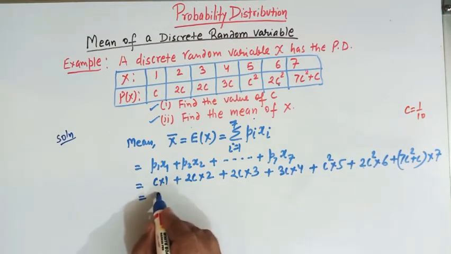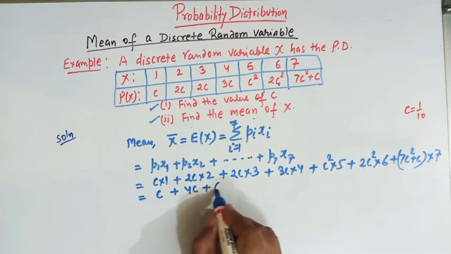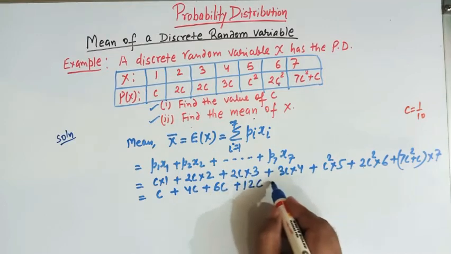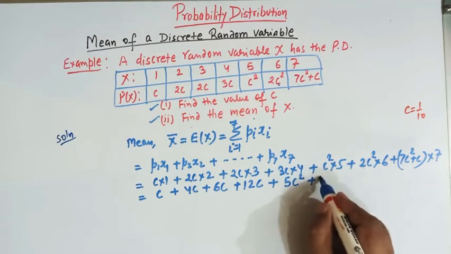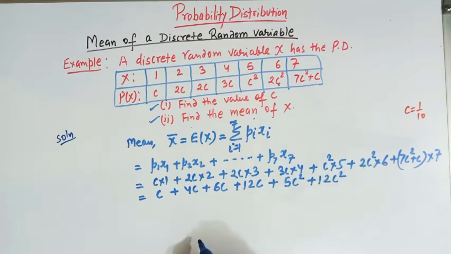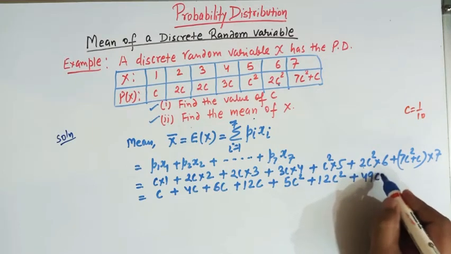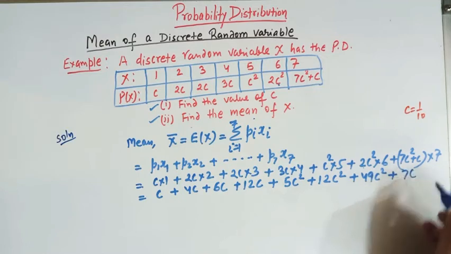So this is c, then we have 4c, then we have 6c, then we have 12c, then we have 5c square, then we have 12c square, then we have 49c square, and 7c, right?